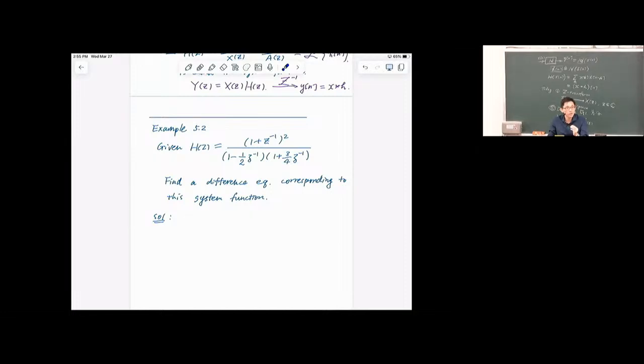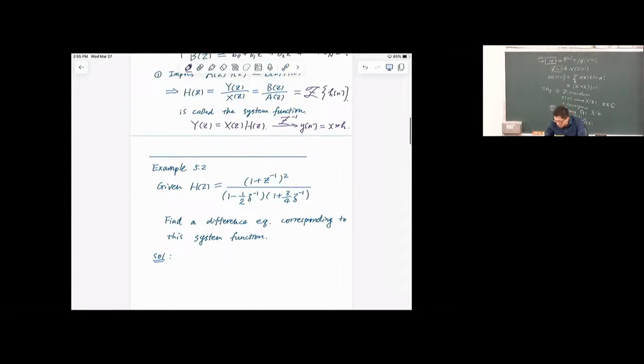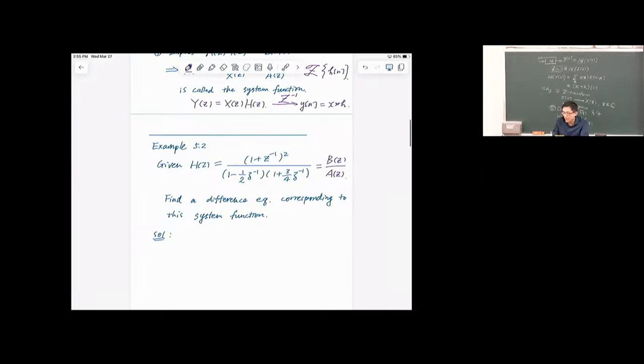Oftentimes in this semester we talk about finding an appropriate H of Z in this formulation, in terms of a ratio of two polynomials. So now we have the example of H of Z equal to B of Z divided by A of Z. In this exercise, I invite you to find the corresponding difference equation.